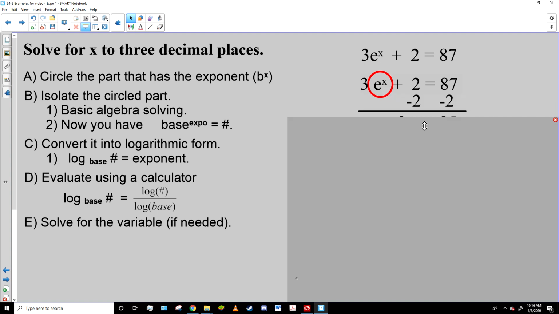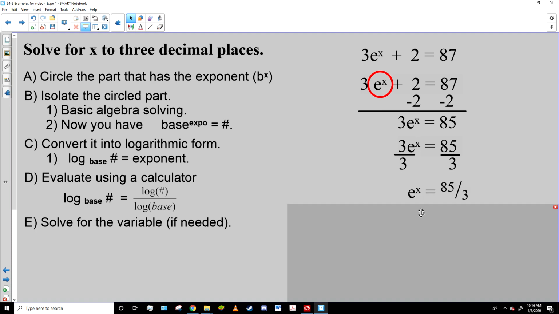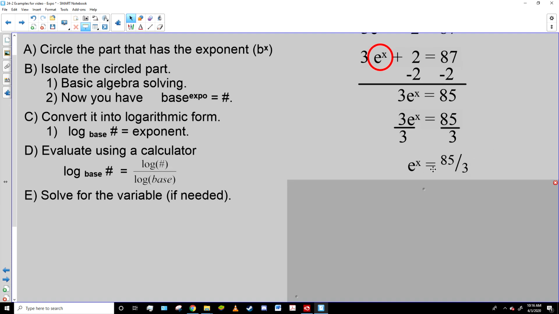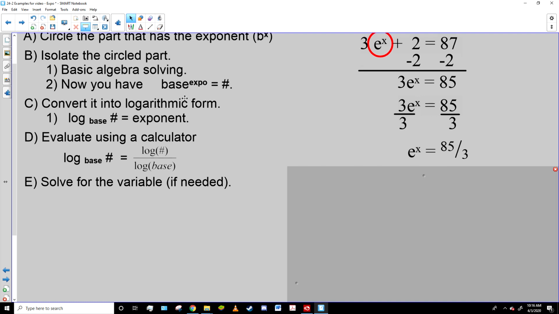Those are the two numbers I had to get rid of. So I'm going to start by getting rid of the plus 2 by doing a minus 2. And that's going to give me 85. And then it's still got to get rid of the 3. I get rid of that 3 times e with the divide by 3. And that gives me e to the x power equals 85 over 3. So now that I've gotten it as base to an exponent equals a number, I'm going to convert it, step C, convert it into a log. So there it is as a log, log base e, and the fraction 85 over 3 and the x switch places.